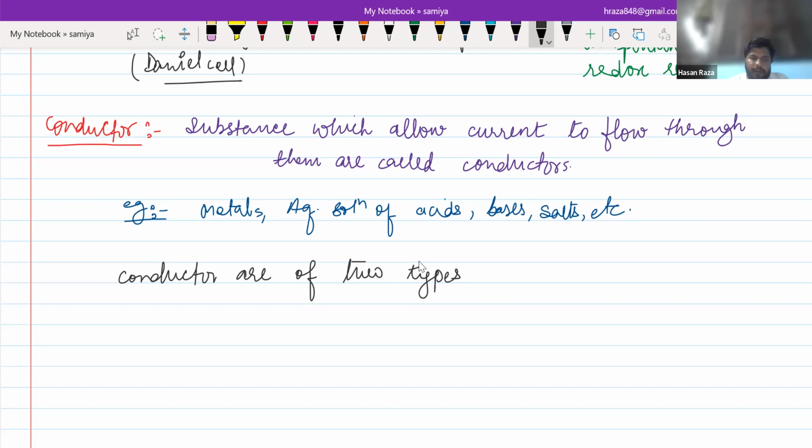The one is metallic conductor, also known as electronic conductor, and the other is electrolytic conductor, also known as ionic conductor.